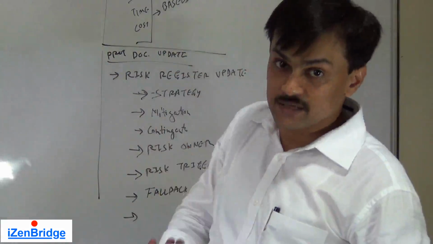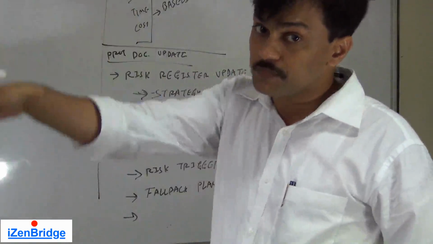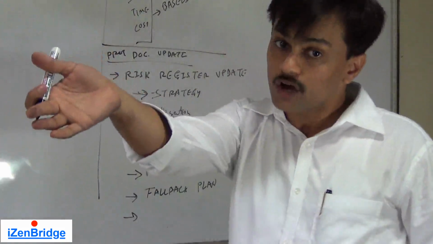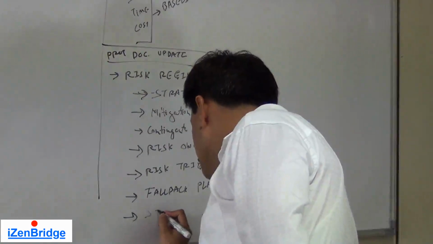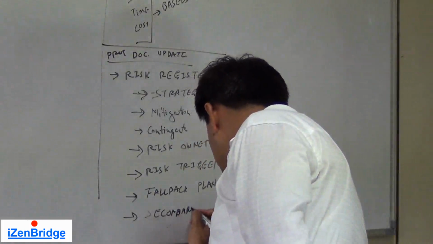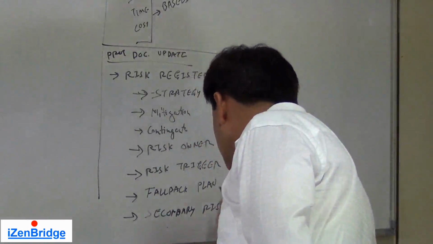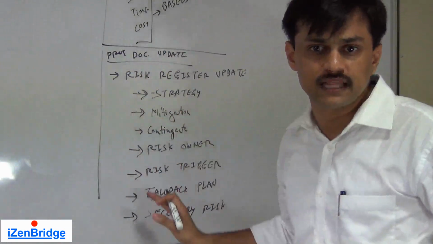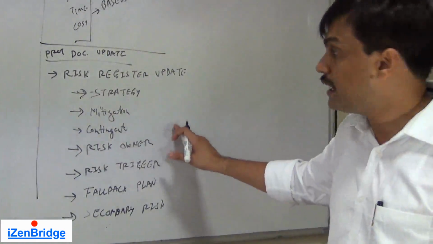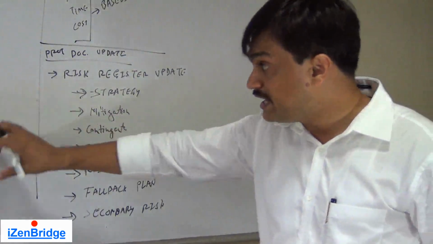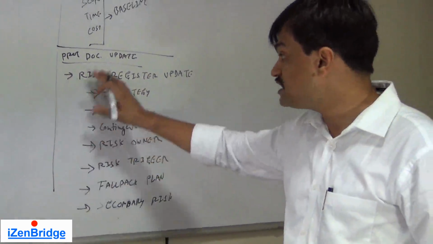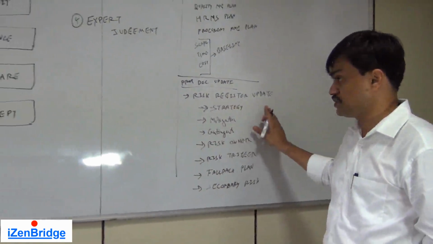So it's a secondary risk because you executed the response plan by putting a penalty. Now there is another risk which has been generated because of that response plan. So you may also need to mention the secondary risks. There could be many more fields like this which talk about the various characteristics or attributes which we identify while doing the plan risk response process, and this we document in the form of the risk register update.